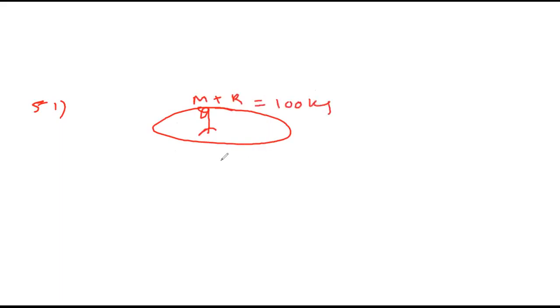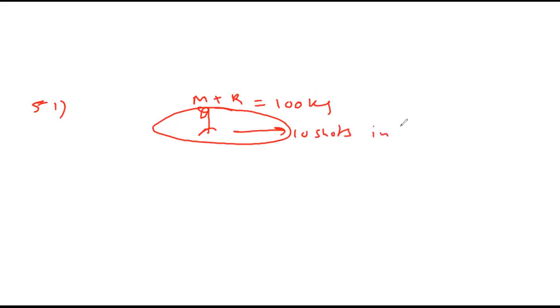A person holding rifle, whose total mass is 100 kg, stands on a smooth surface and fires 10 shots horizontally in 5 seconds. Total mass of man plus rifle is given 100 kg.